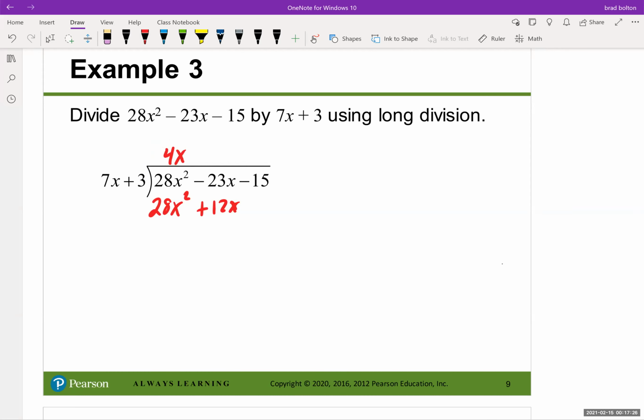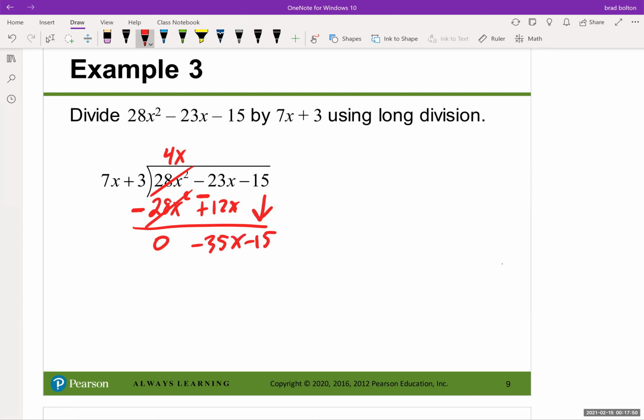The moment you draw the bar, remember you're supposed to subtract. Really, subtracting just changes the sign. So I distribute the subtraction, and this becomes 28x squared minus 28x squared, that's 0. And negative 23x minus 12x becomes negative 35x. Then we bring down the 15.